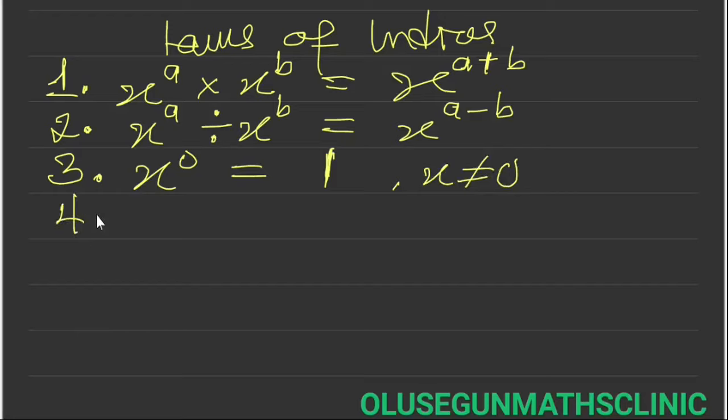So, number 4, if x is raised to power minus a, the minus of the index, what will give you is 1 over x raised to power a. So, it has turned to fraction. As we reach this, the laws are still more than this. It does not stop at 4. But I want to solve an example relating to these 4 that I just mentioned.